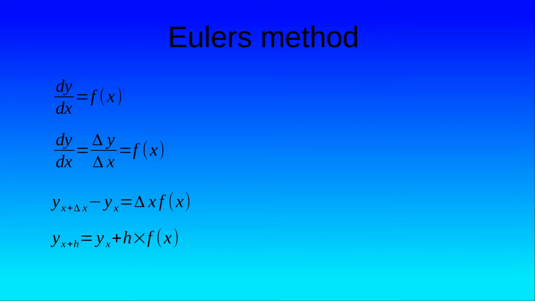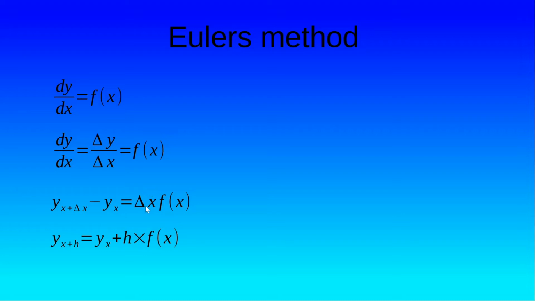of solving differential equations. So let's say we have dy/dx = f(x) as a differential equation. We can reasonably write dy/dx as delta y by delta x and equate it to f(x). Now, delta y is y(x + delta x) minus y(x), which is equal to delta x times f(x).